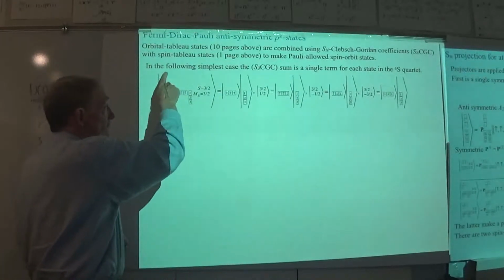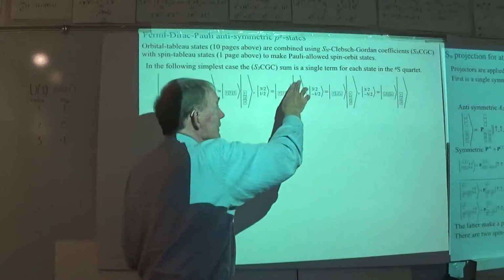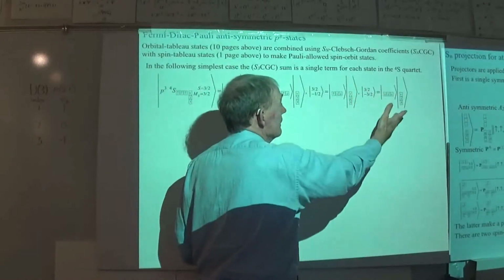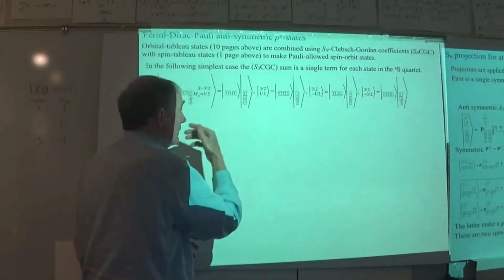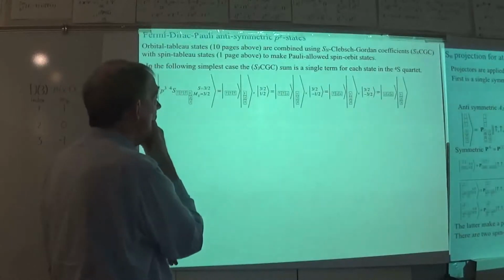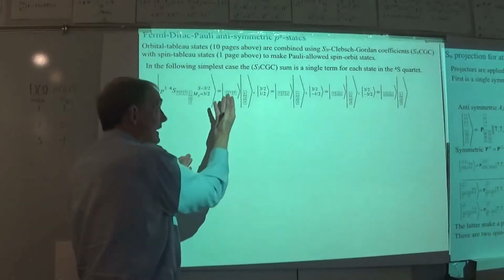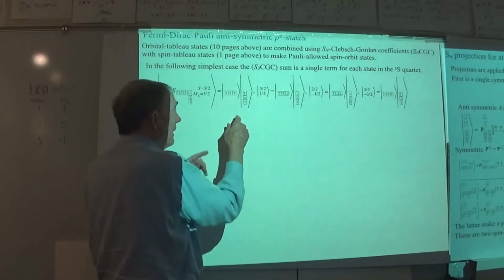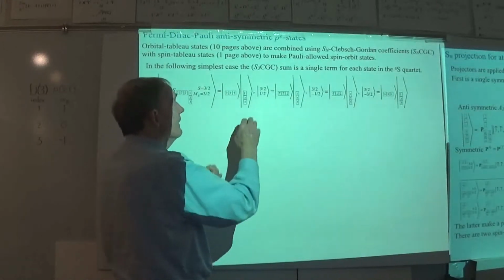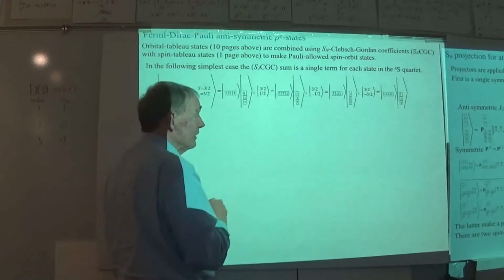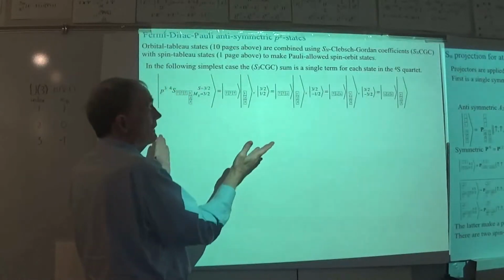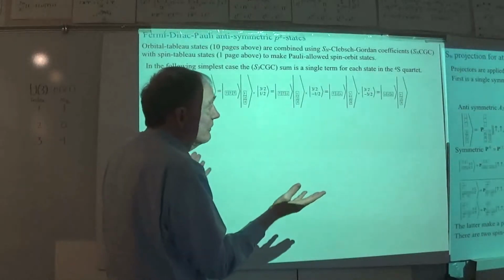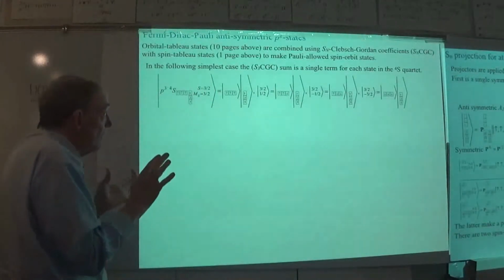Anyway, in the following simplest case, this is a single term for each state. I don't have any argument with that because I have clearly got antisymmetry tied up in all three particles by having it be symmetric and then make the orbital part antisymmetric. So no argument there, and I don't have any A, B's, and C's that are showing, so I'm okay.